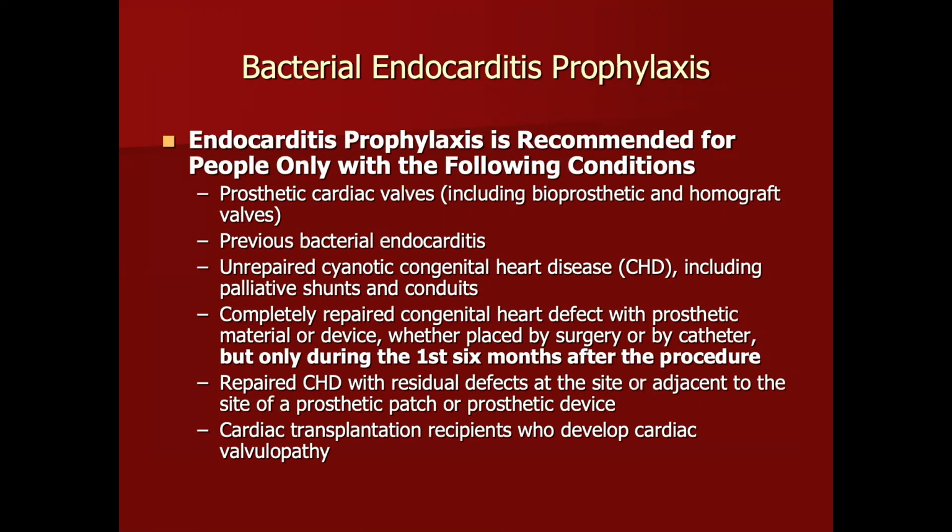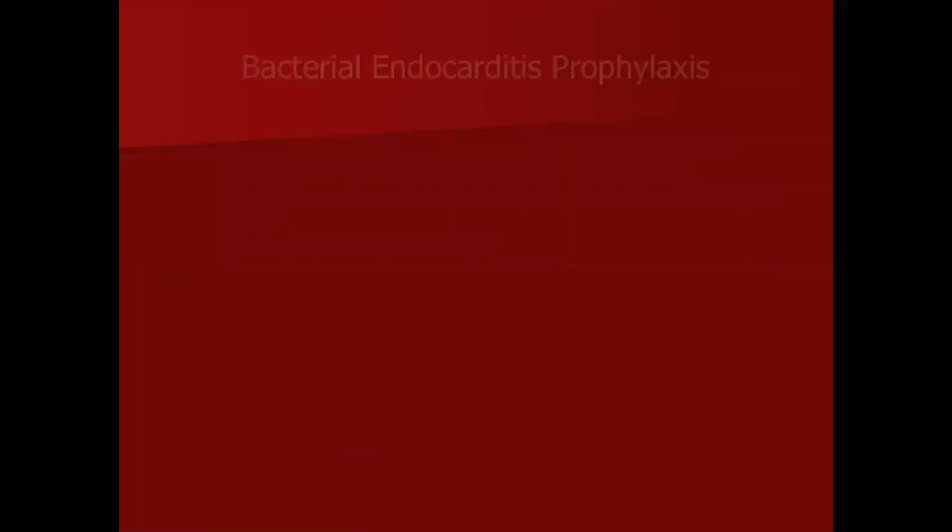They recommend preoperative antibiotics for the following conditions: those with a history of bacterial endocarditis, those with palliative shunts and conduits not having reached completion stage of repair, and completely repaired congenital heart disease patients only within the first 6 months after the procedure, as long as there are no residual defects.